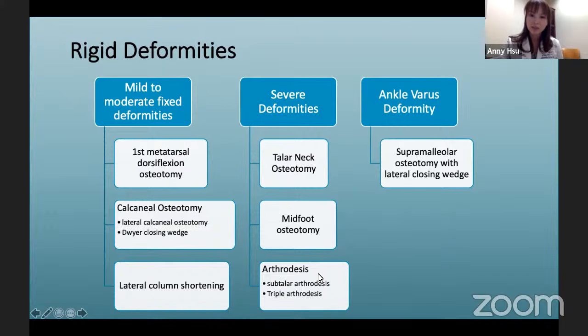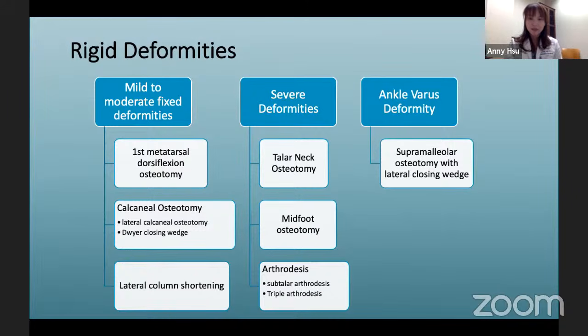The arthrodesis portion I had previously mentioned: when you have arthritis in the hindfoot joints and they're symptomatic, instead of doing osteotomies, the overall alignment can be corrected through the joint while you are doing your arthrodesis. I want to emphasize that before we dive into the foot, it's always important to get a standing ankle x-ray to see if you have any ankle varus deformity, because everything is all connected.